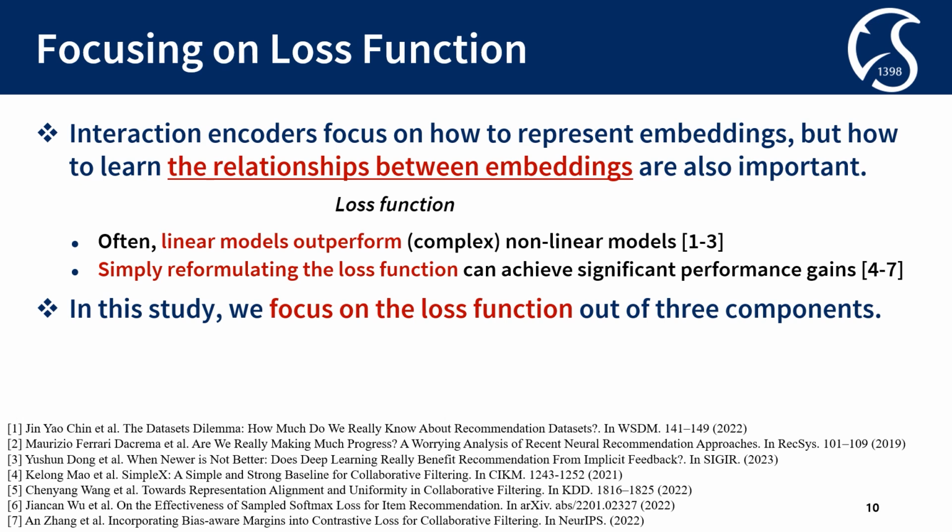Interestingly, some studies have shown that linear models sometimes outperform complex nonlinear models. Other studies reported significant performance gains by just changing the loss function with a fixed interaction encoder. These results highlight the importance of the loss function.